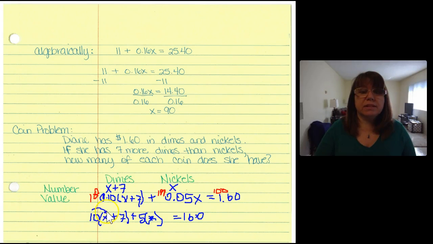Distribute the 10 to both the X and the 7, so I have 10X plus 70. Oh my goodness, my writing. I'll be so glad when I get my pen back. Plus 5X equals 160.